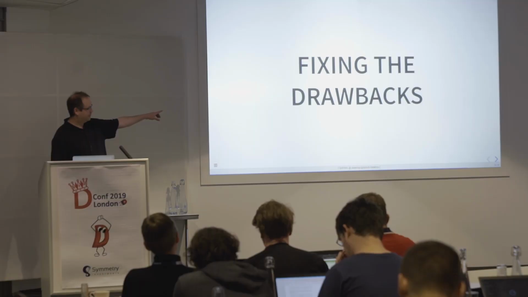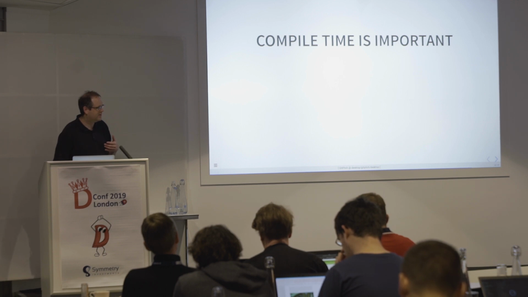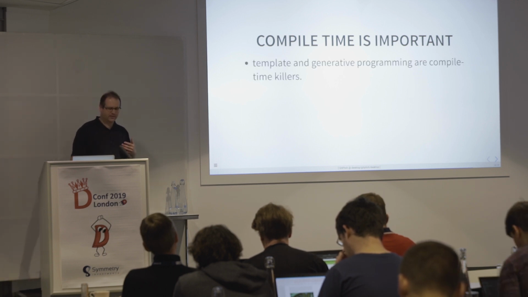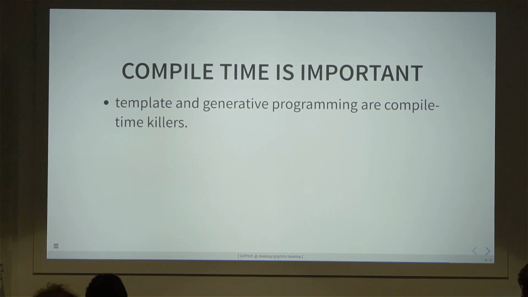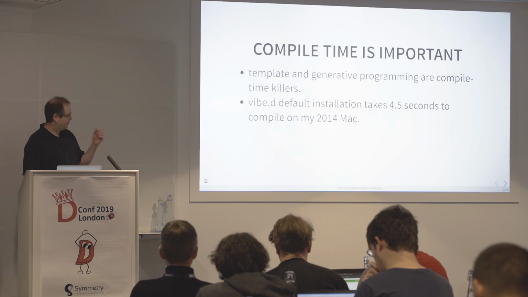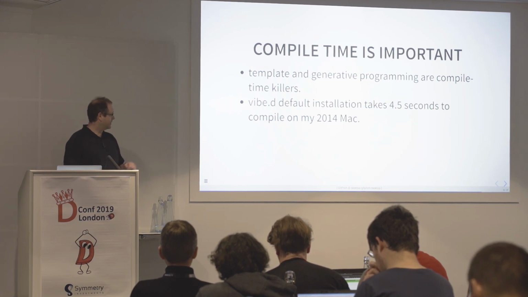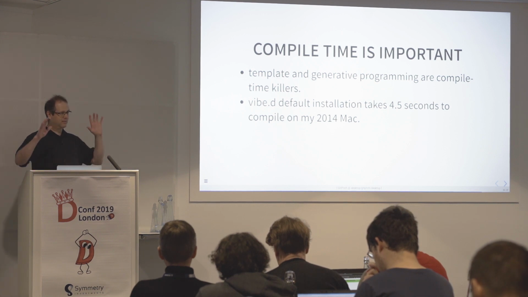But anyways, so fixing the drawbacks. One of the things that's a problem with generative code is that it is a compile time killer. When you generate all this code, I think Robert mentioned it as well, it can really slow down your compilation process. Just the default Vibd installation takes 4.5 seconds to compile on my 2014 Mac. That's without compiling the base libraries.